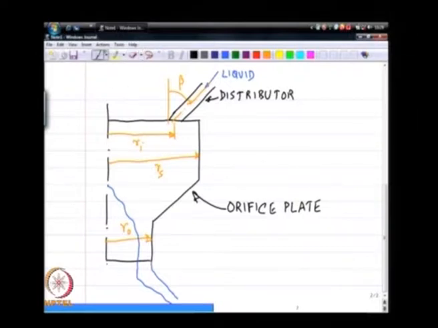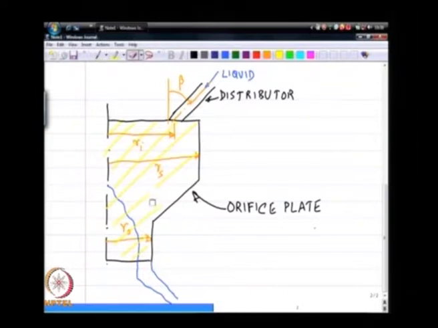Now, the distributor element has a set of tangential slots, and in this case we have shown those to be at some angle beta, and so they are bringing fluid into this passage here. I will sketch this just to show you. This is the passage that is enclosed by the distributor and the orifice plate.